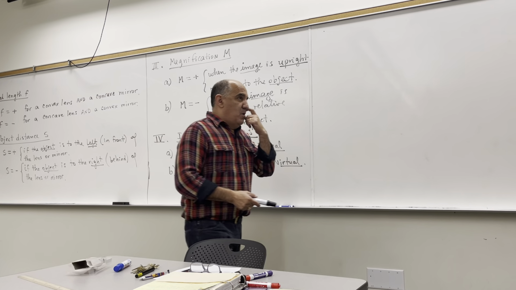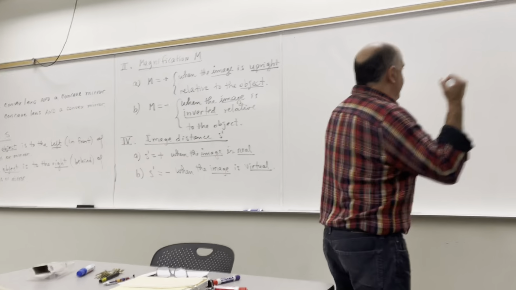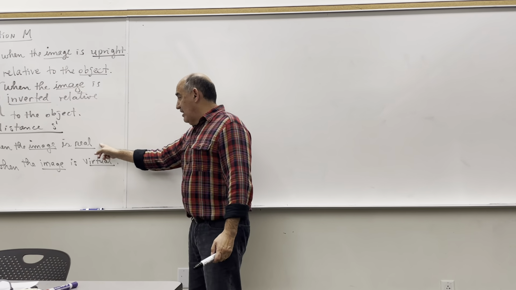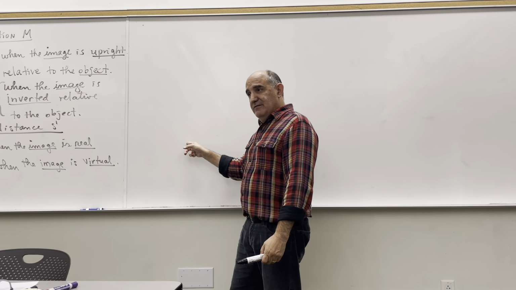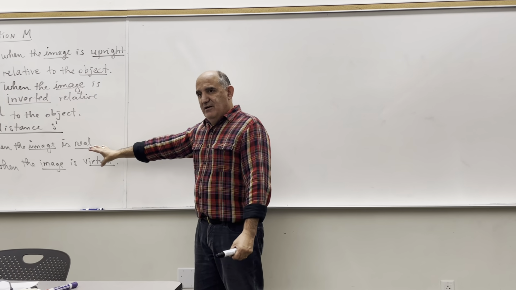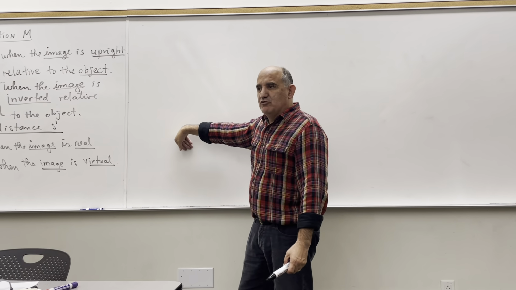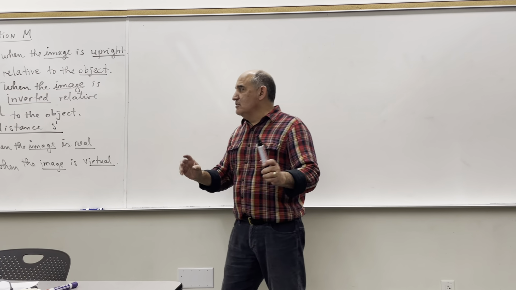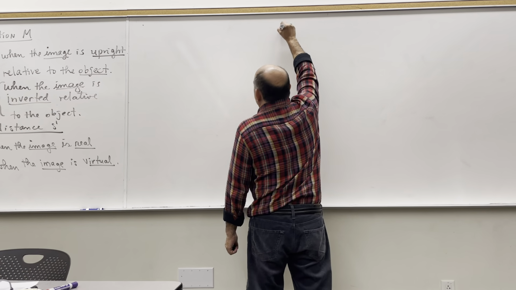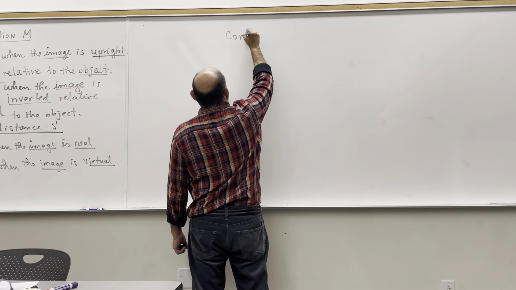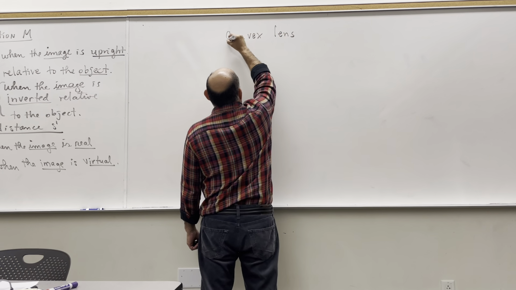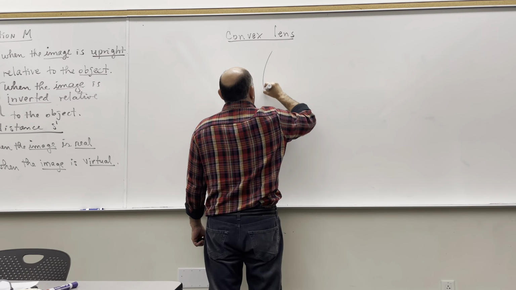Now, that means that we can have the following. And by the way, I'm not done. I'm going to have to add something over here. This is enough, but I want to show you how tricky it can be. So let's consider a convex lens that's thick in the middle, thin at the edge, right?